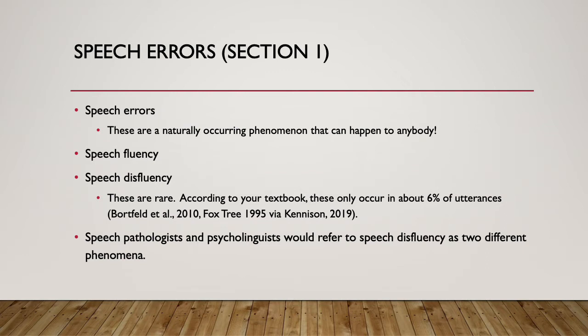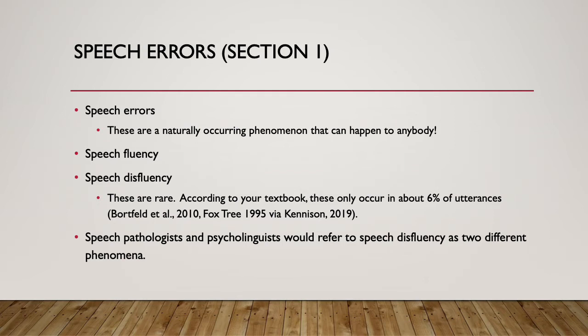Speech pathologists and psycholinguists would refer to speech disfluency as two different phenomena, though. Interestingly, speech pathologists would classify speech disfluency as the differentiation between the selected word by a speaker and how it's perceived by a listener. Contrastingly, a psycholinguist would classify speech disfluency as abnormal sounding speech rather than focusing on what exactly is said.